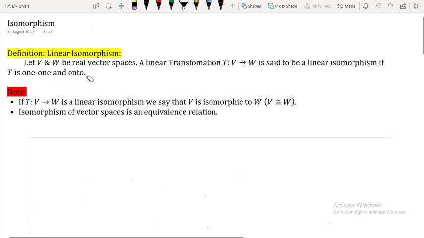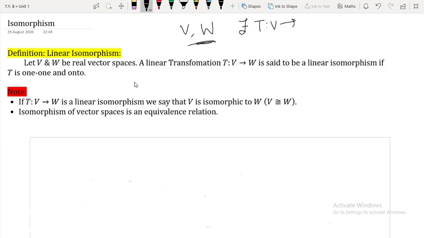Put differently, given two vector spaces V and W, these two vector spaces are said to be isomorphic if there exists a linear transformation T from V to W, which is one-one and onto both.